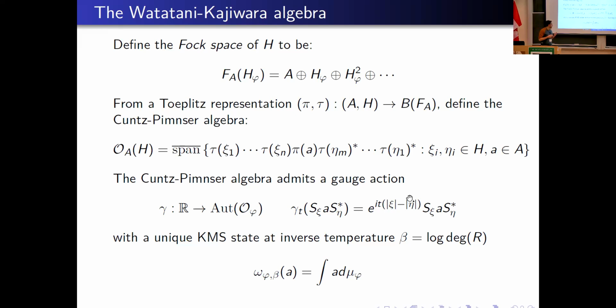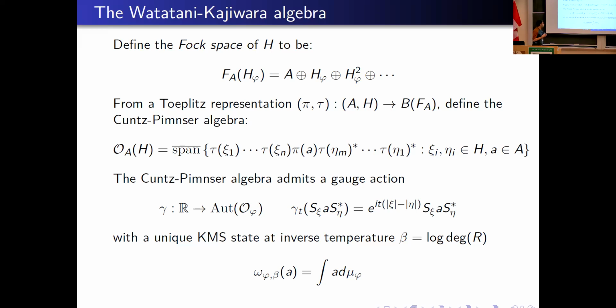And this has a unique KMS state at inverse temperature beta equal to the logarithm of the degree of your rational map. It turns out that this KMS state is exactly the probability measure that you get from potential theory, but now looking at it from a completely non-commutative perspective. Now the whole goal from here is to construct a Dirac operator and then a spectral triple associated to this KMS state.